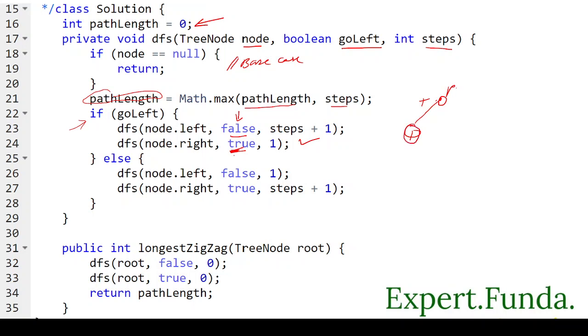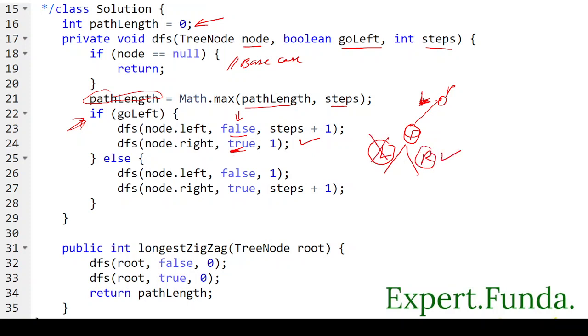From root node P to here, we have already taken the left, and that's why we are coming here. So next time we have two options, either this one or this one, but we have already gone left, so we will not consider this left one. We'll go to the right one.